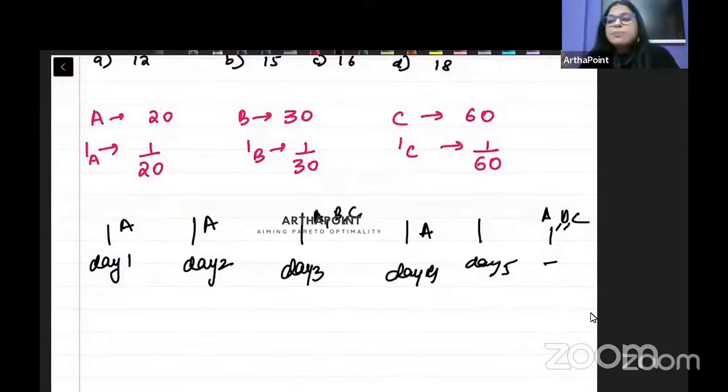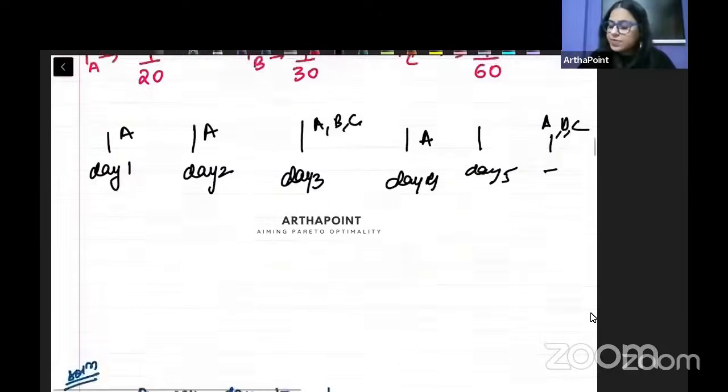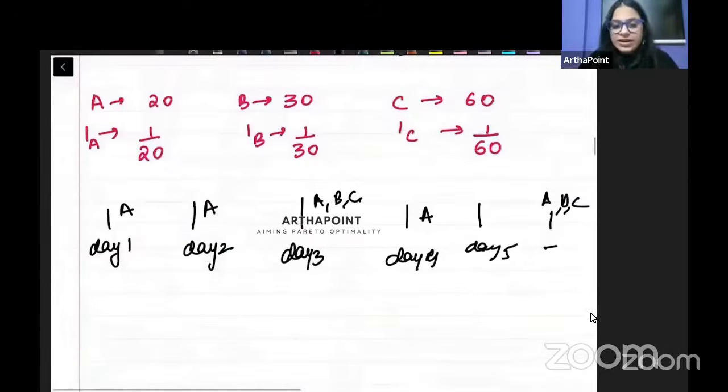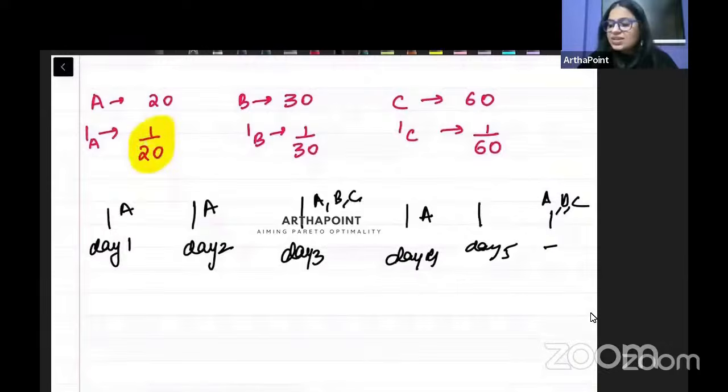Like this, if they keep working, then in how many days will the work be completed? कितने टाइम में काम पूरा खत्म हो जाएगा? Okay, now just try to think about it. Beta, in 1 day, A can complete 1/20th of the work. तो पहले दिन जब A आया, he completed 1/20th of the work.